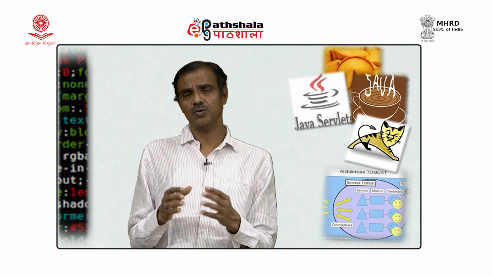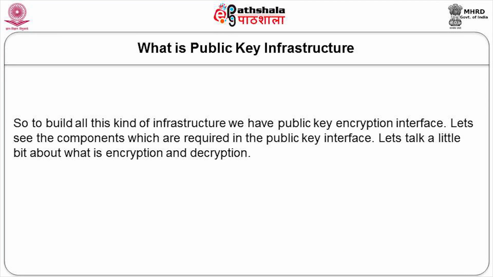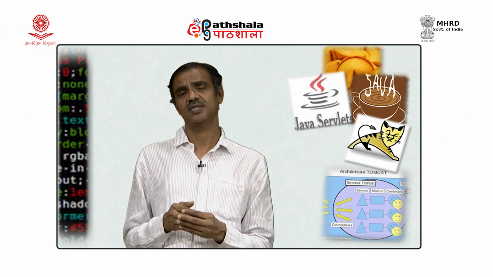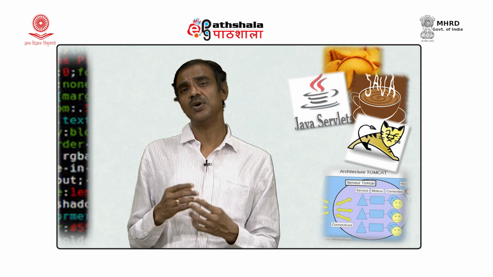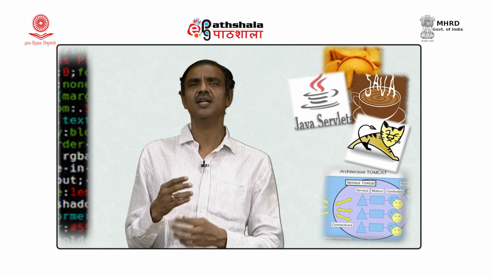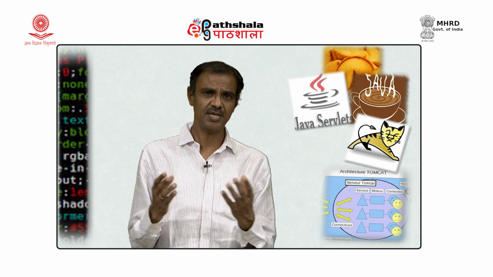To build all this kind of infrastructure, what is required is the public key encryption system. Let us see the components which are required in the public key infrastructure. Let us first talk a little about what is known as encryption and decryption, just a little bit.